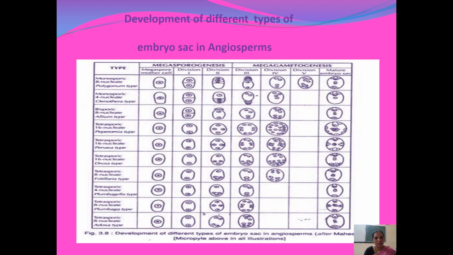And bisporic: the megaspore mother cell, in the first meiotic division, gives two diad cells of the megaspore. In this stage, the two diad cells are involved in the formation of the embryo sac.